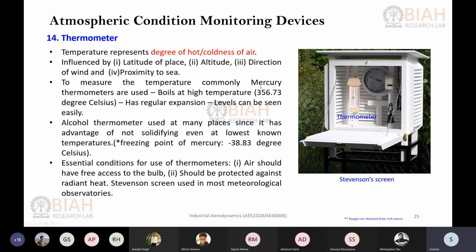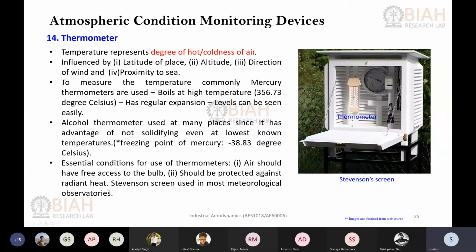I have already discussed why mercury and alcohol are preferred in the thermometer used in atmospheric measurement. And what are the general operating conditions you need to ensure? You need to ensure that the bulb of the thermometer is freely accessible to the air, whether incoming wind or stagnant wind, and it must be protected from the radiant heat.